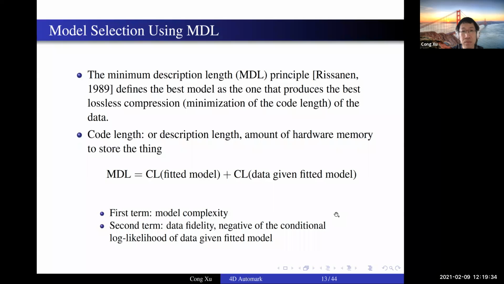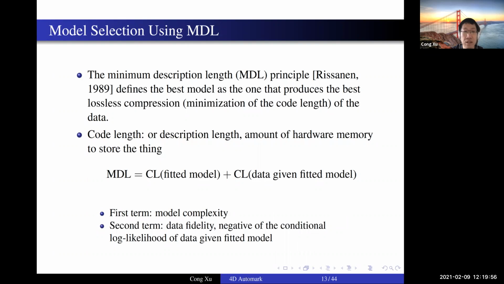We can see that for the same dataset, there can be many models to model this problem. But here, MDL defines the best model as the one that produces the best lossless compression of the dataset.